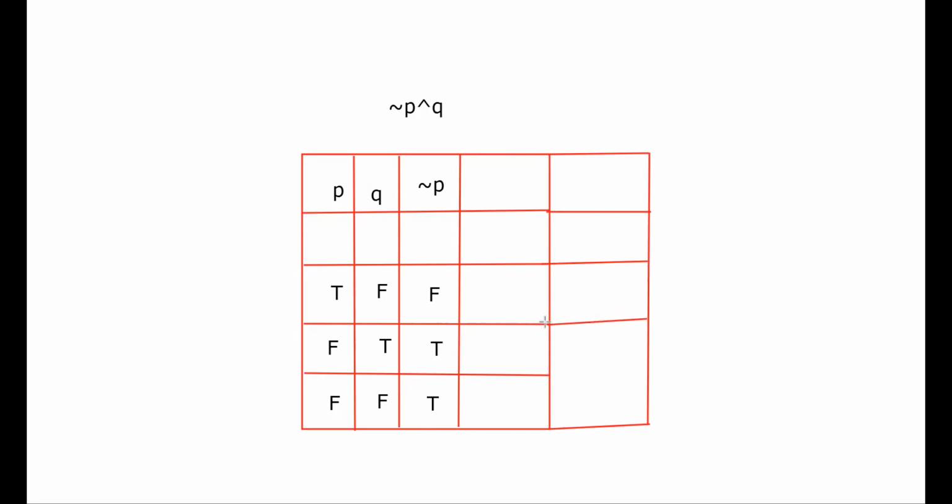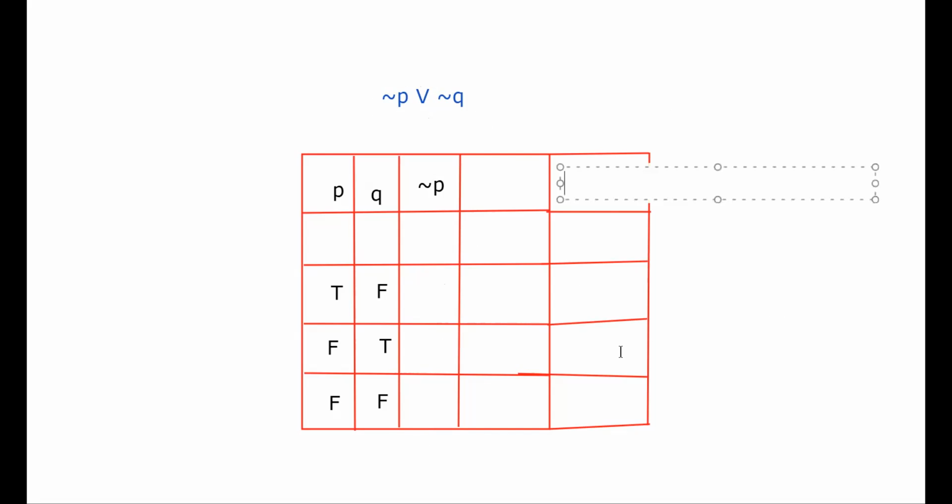Okay, so we're just going to add one more column onto here. So the statement we're going to make a truth table for now is going to be this statement: not P or not Q. In order to make this, the final statement is always going to be what's in the last column.